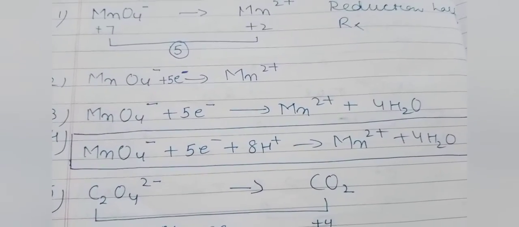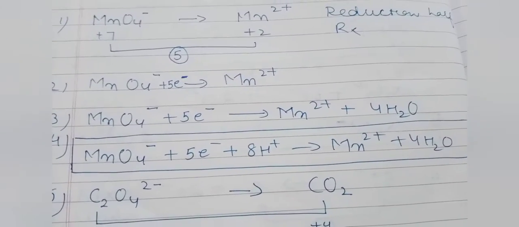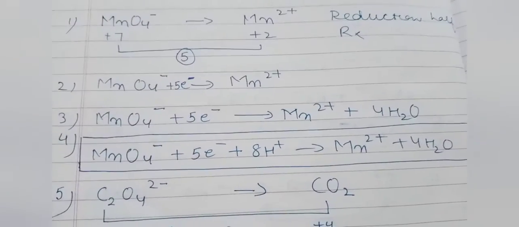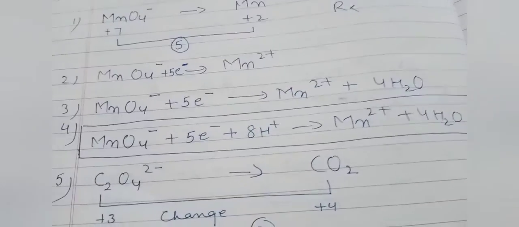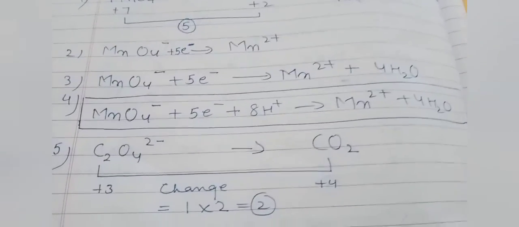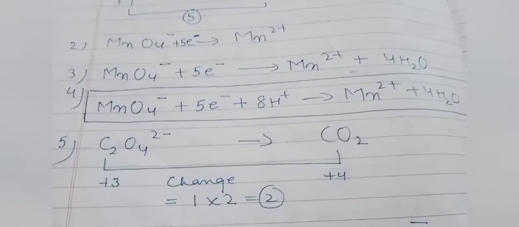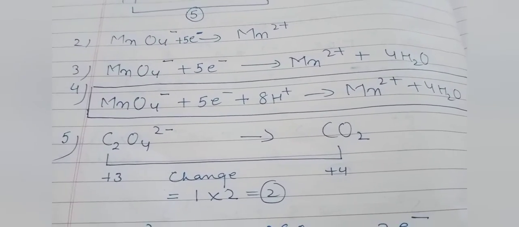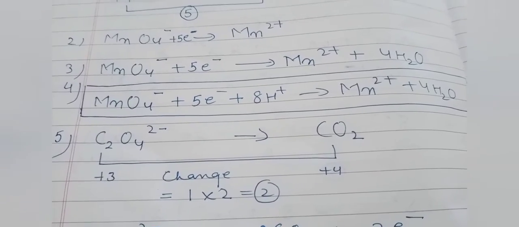As the medium is acidic, hydrogen will be added as H+ ion on the reactant side. As the product has 8 hydrogen, 8H+ will be added to the reactant side, and thus we get our equation: MnO4- plus 5 electrons plus 8H+ gives manganese 2+ plus 4 water.